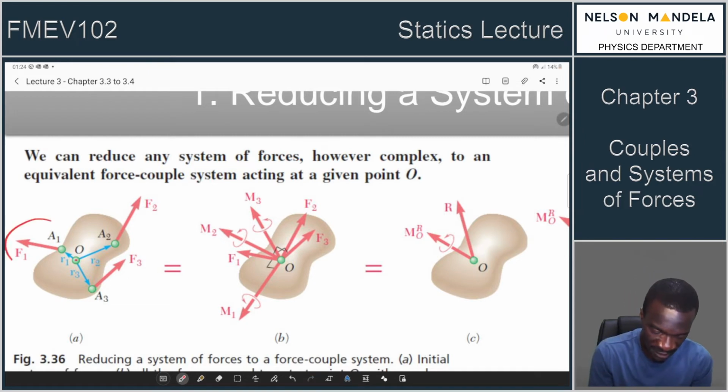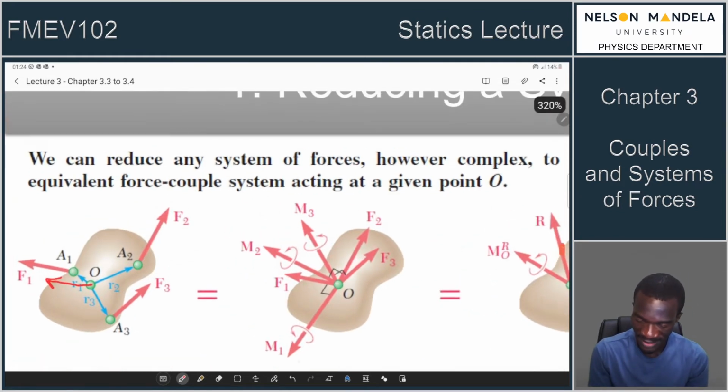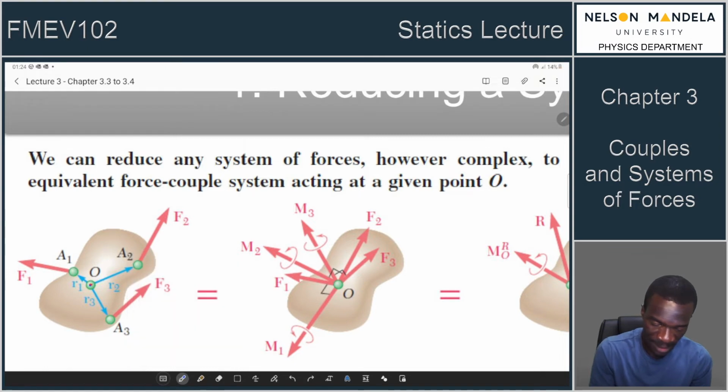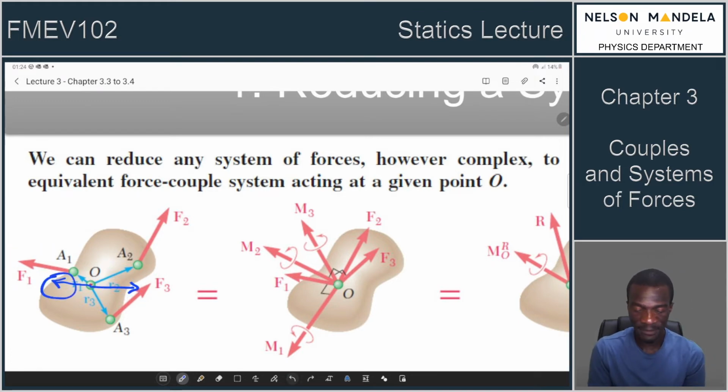So we take force F1 from A1, and we locate it at the origin, but we provide a counteracting F1. So when we provide a counteracting F1, what we now have is this F1 and this moment, this couple.